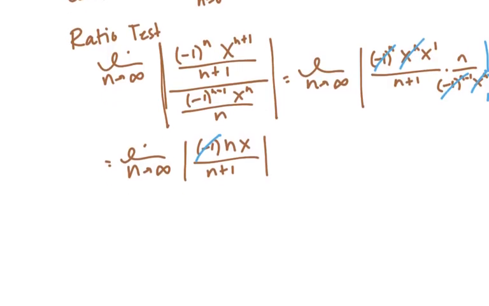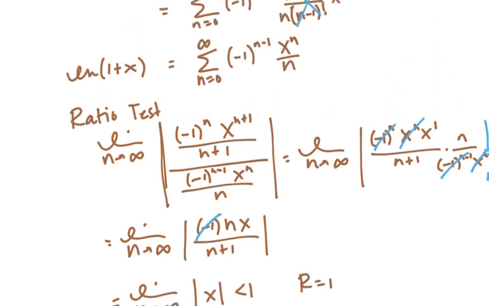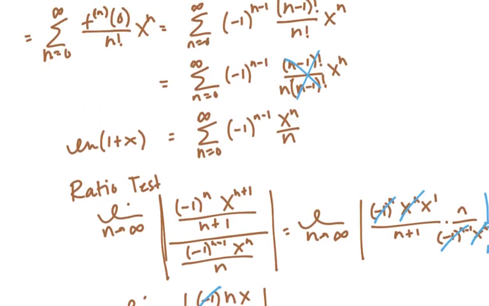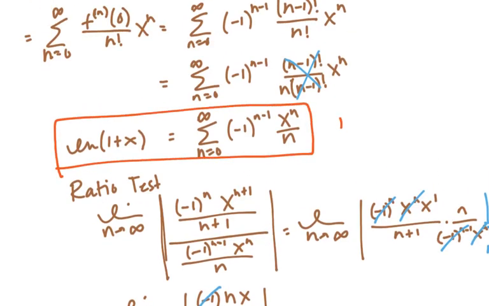So let's use L'Hopital's rule, or divide by the highest power of n in the denominator. So we have the limit as n approaches infinity of the absolute value of x, which is less than 1. So our radius is 1. So this function can be represented by this Maclaurin series, and the radius is 1.